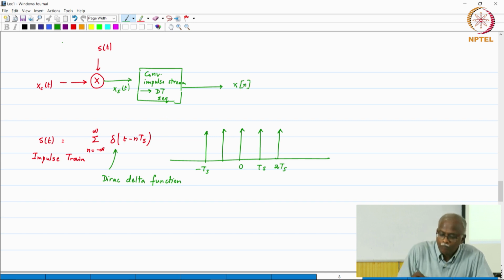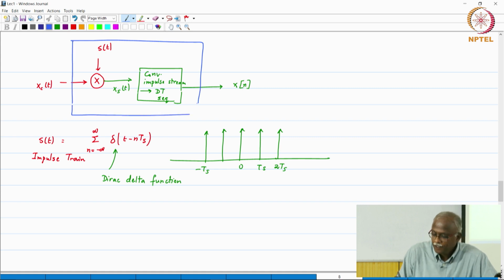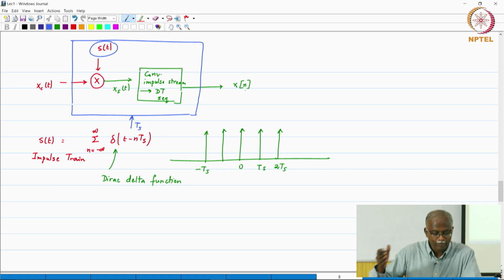Put the whole thing into a box, and you specify a sampling period Ts, because this Ts will also affect S of t, and based on that you will get samples of xc of t.